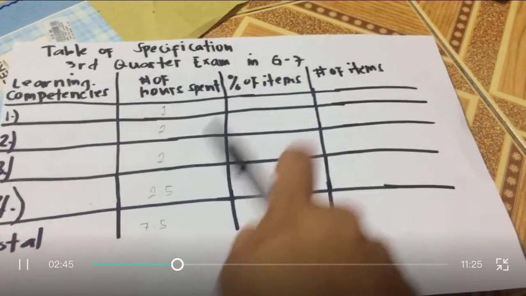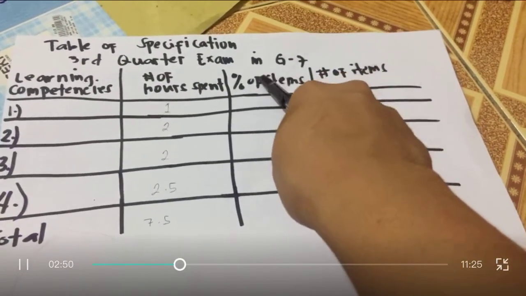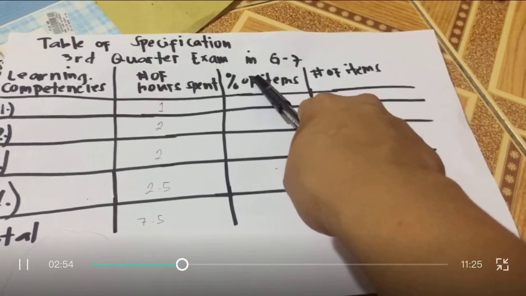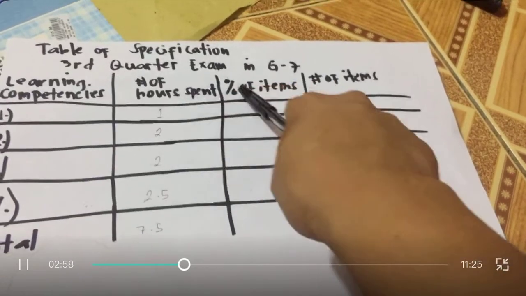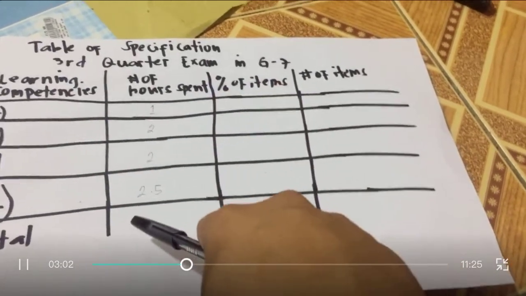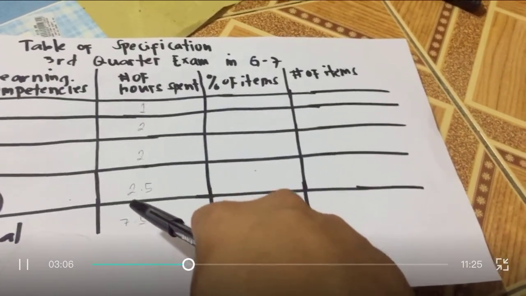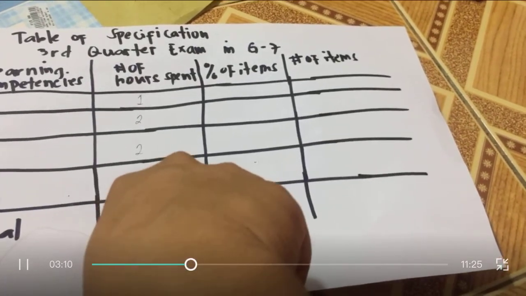And now, how to get the percent of items. To get the percent of items, take the number of hours spent, 1, divided by the total hours spent. The total hours spent is 7.5.